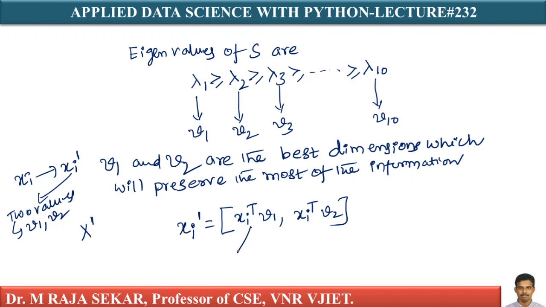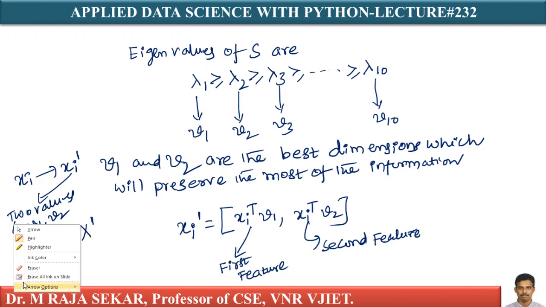As I am converting into two dimensions, this is my first feature and this is my second feature, isn't it? Literally, I am taking my original data, xi transpose, and multiplying it with the top two eigenvectors.